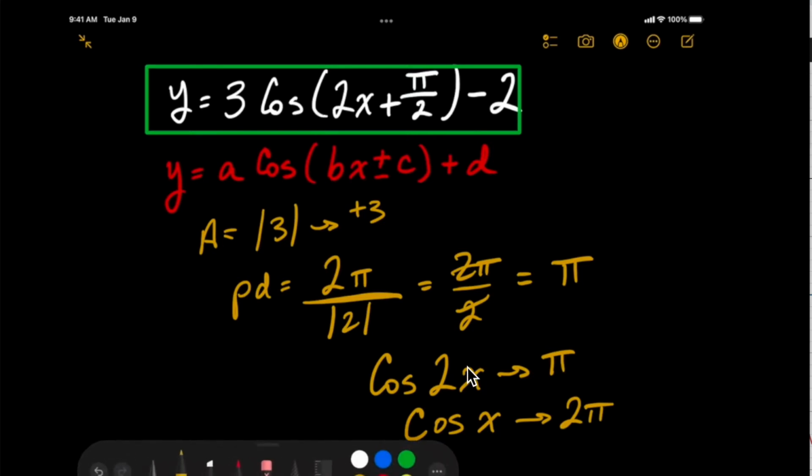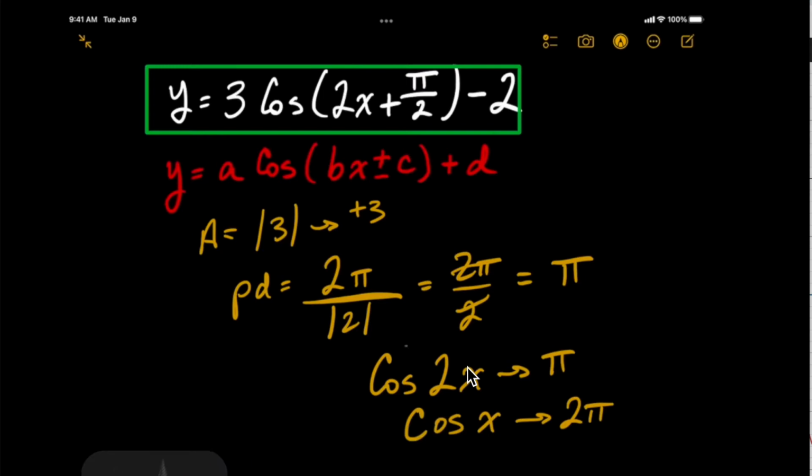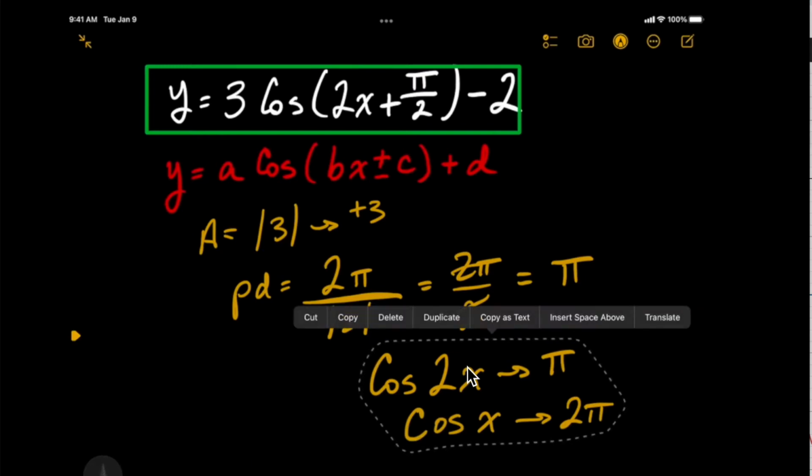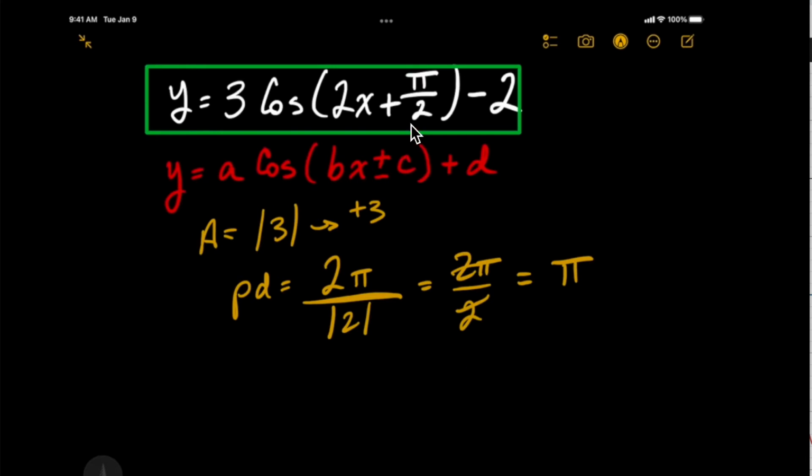So now that we have our amplitude and period, the next thing we want to do is explore any phase shifts that are present. And because this coefficient c is non-zero, there is a phase shift.